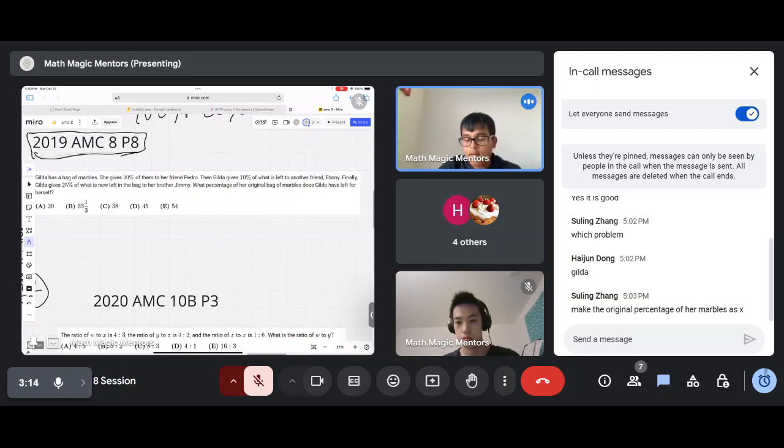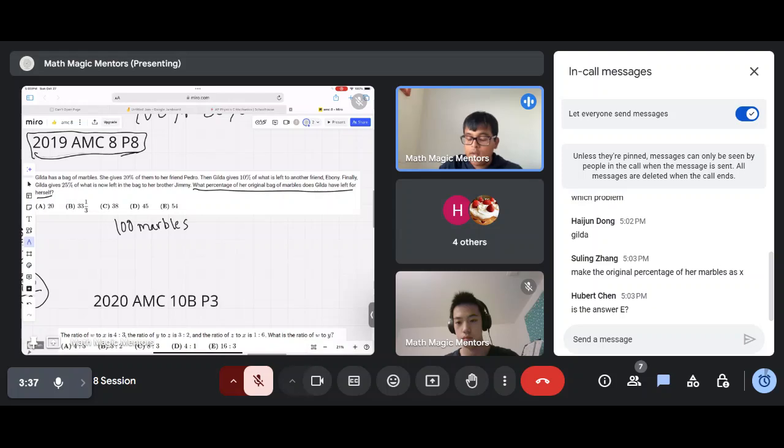But for me personally, if I was given this problem in the AMC, I'd just say Gilda has 100 marbles to start off with, because at the end it doesn't want a number of marbles. If it wanted a specific number of marbles, then Gilda couldn't just start with any random number. But here it just wants the percentage.